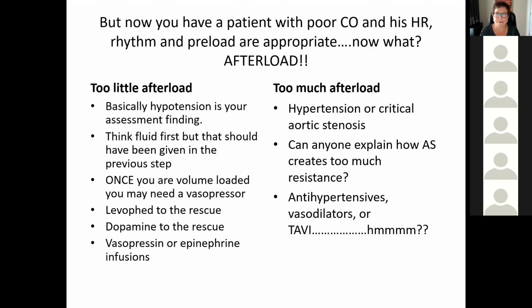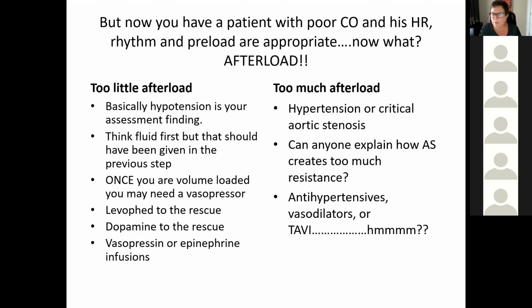Okay, so let's say I look at Grampy and I say, oh, I think you're volume overloaded, but your blood pressure's too low. I'd like to give you a diuretic, but your blood pressure is 80/40, and if I gave you 60 or 80 of Lasix, I'll probably kill you. So whenever you look at preload, you also have to look at afterload. So afterload basically is your blood pressure.